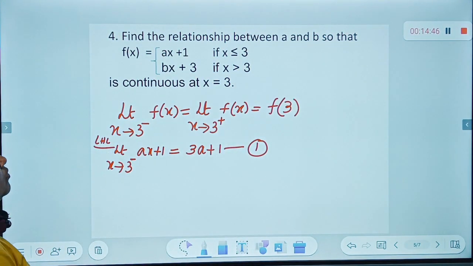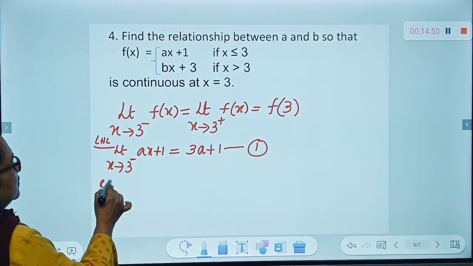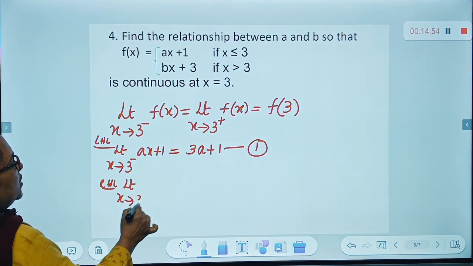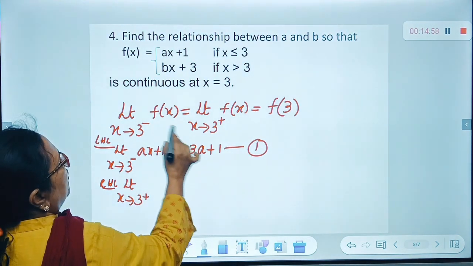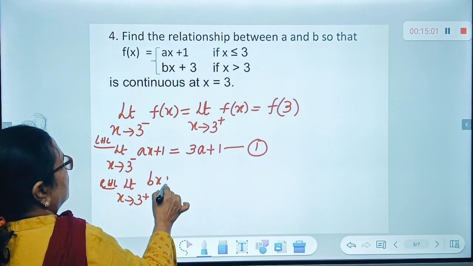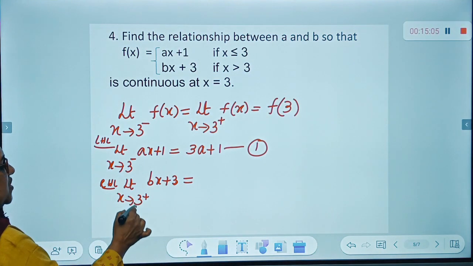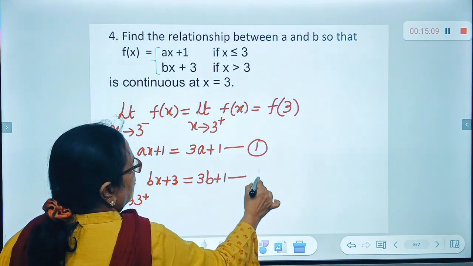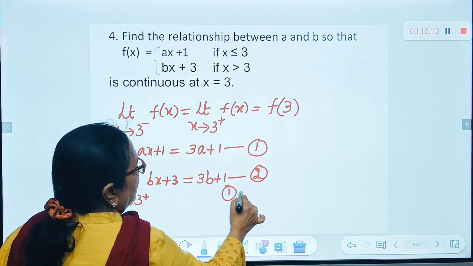Now, what about the right hand limit? Limit x tending to 3 plus of f of x, which is bx plus 3, which is equal to, when I put x as 3, 3b plus 1. Now 1 equal to 2.